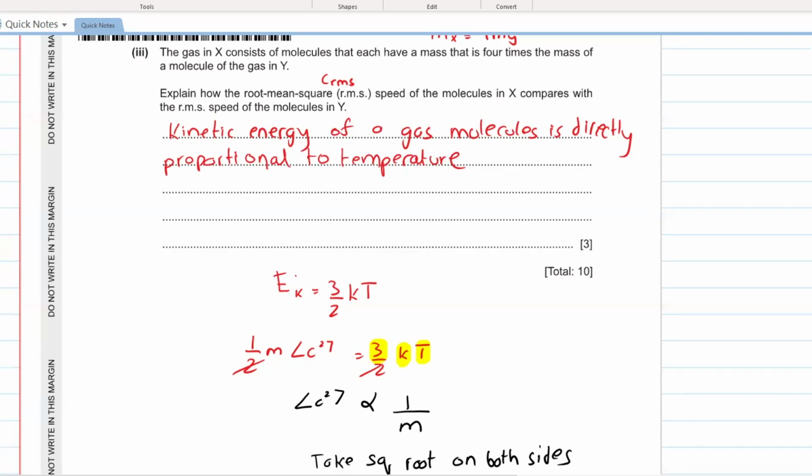Kinetic energy is directly proportional to temperature and to mass of a molecule.